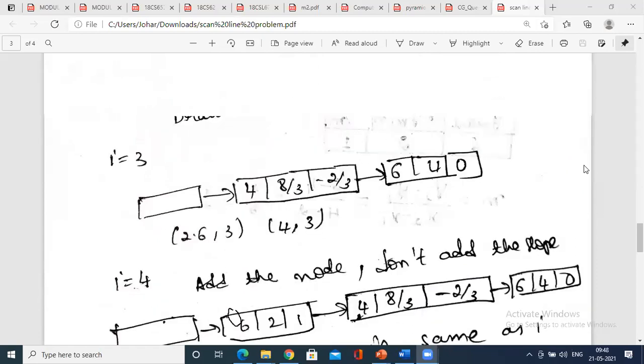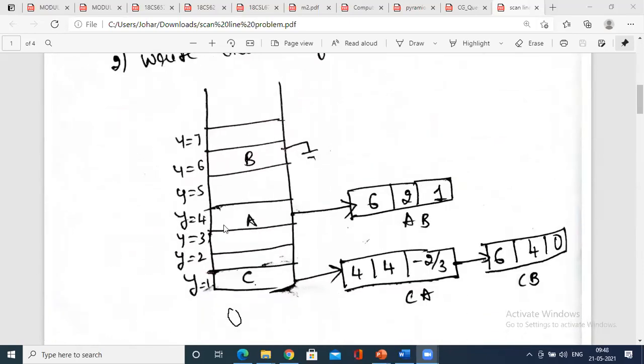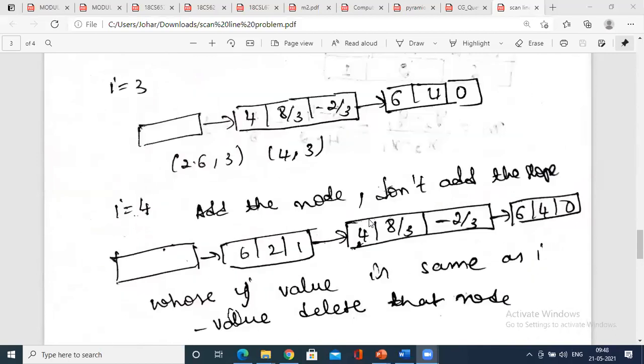Since I equals 4, you could see that there is already an edge coming in at y equals 4, called 6 to 1. So at that moment, we simply add that into the active edge table. 6 to 1 will be added to the same previous node, that is y equals 3. You got it, no? And you have selected x1, y1, x2, y2. Same as what you do, 6 to 1.